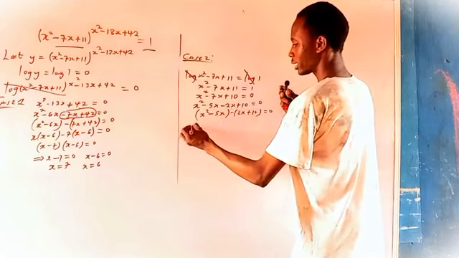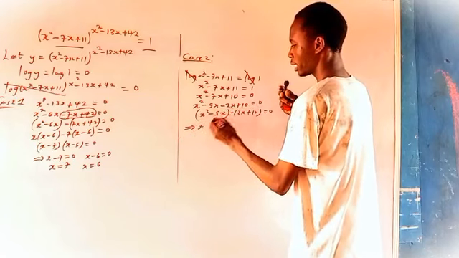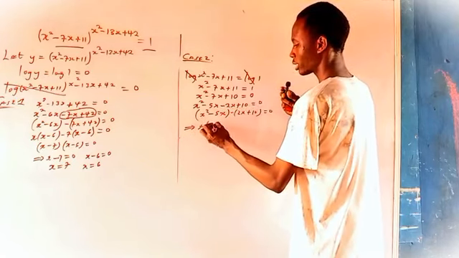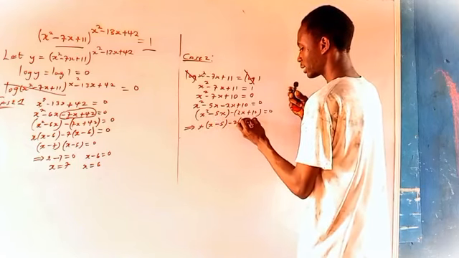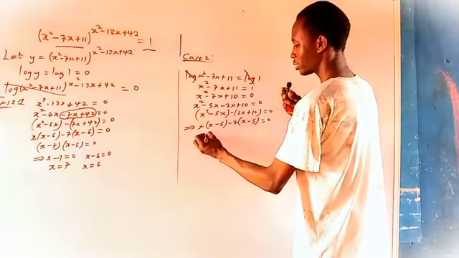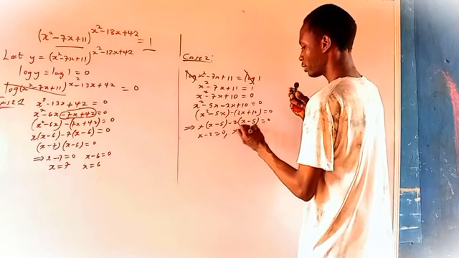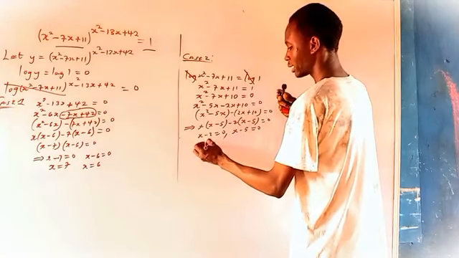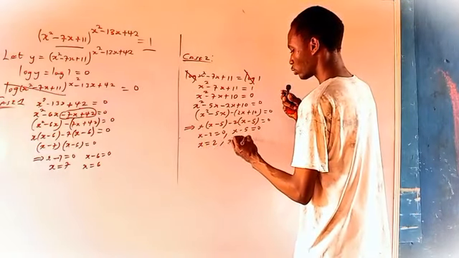This now implies that x is common to them: x into bracket of x minus 5, minus 2 into bracket of x minus 5 equals to 0. So that's x minus 2 equals 0, or x minus 5 equals 0, and then this is x equals to 2, and then x equals to 5.